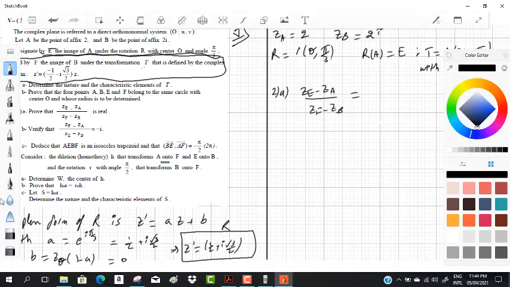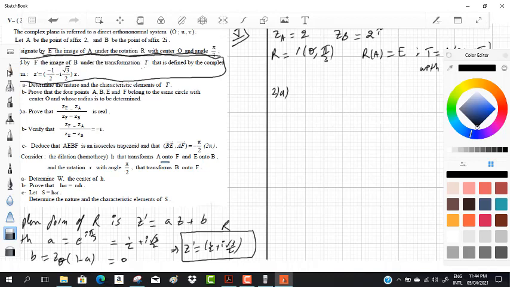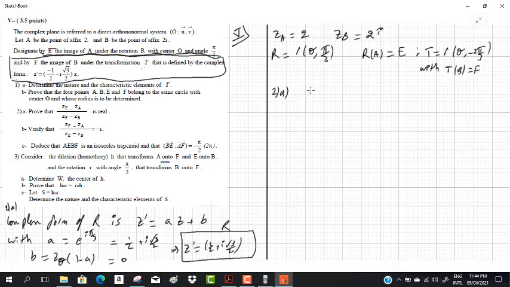Now, before I do this fraction, I have to find ZE. ZE equal half plus I radical 3 over 2 into ZA, because E is the image of A. We can keep it as ZA and use it below, ZA is 2, so it becomes 1 plus I radical 3.